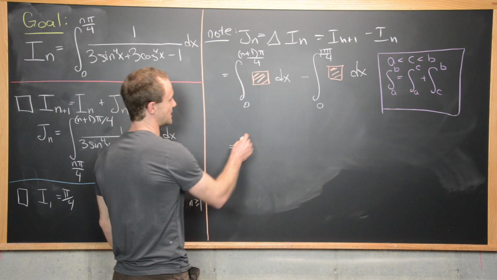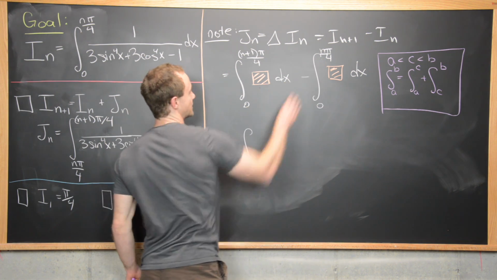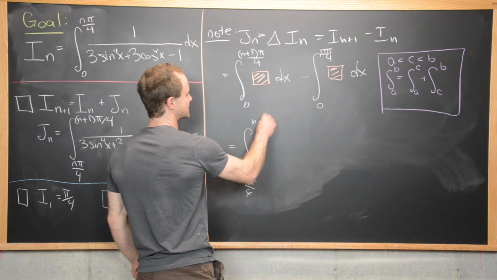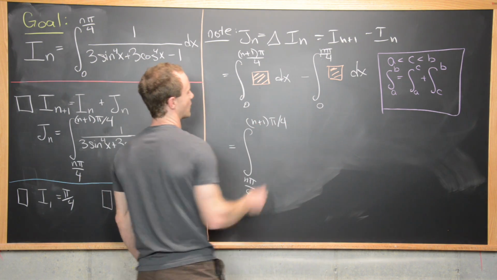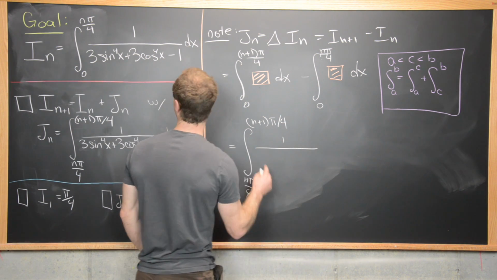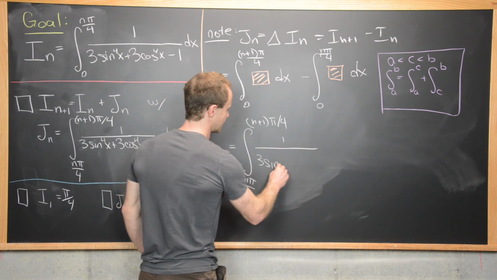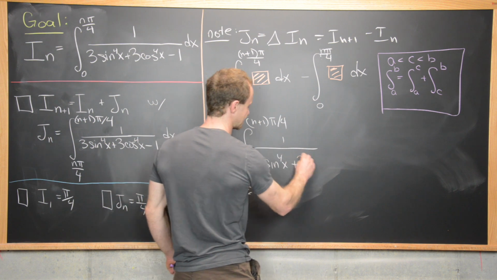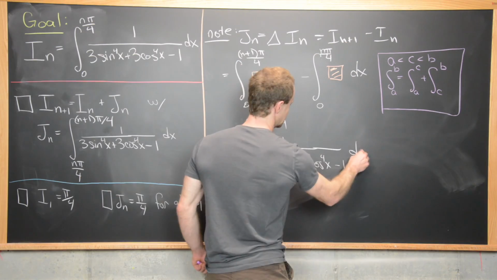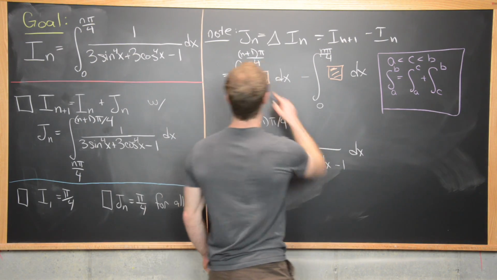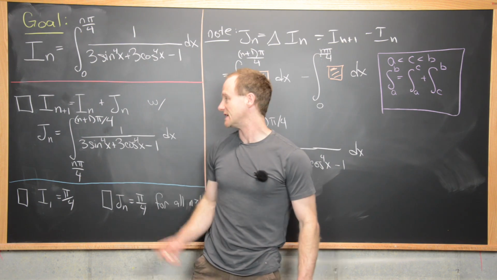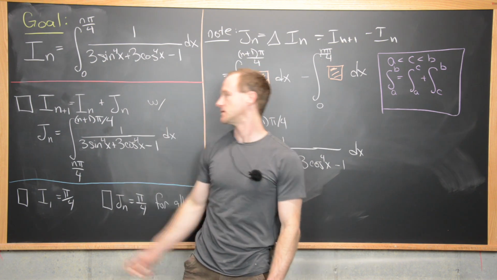So that is going to be the integral from n pi over 4 up to n plus 1 pi over 4. And for completeness, I'll put the function in here: 1 over 3 times sine to the fourth x plus 3 times cosine to the fourth x minus 1 dx. But that's exactly how we defined J sub n over here. So good, we have established this first fact.